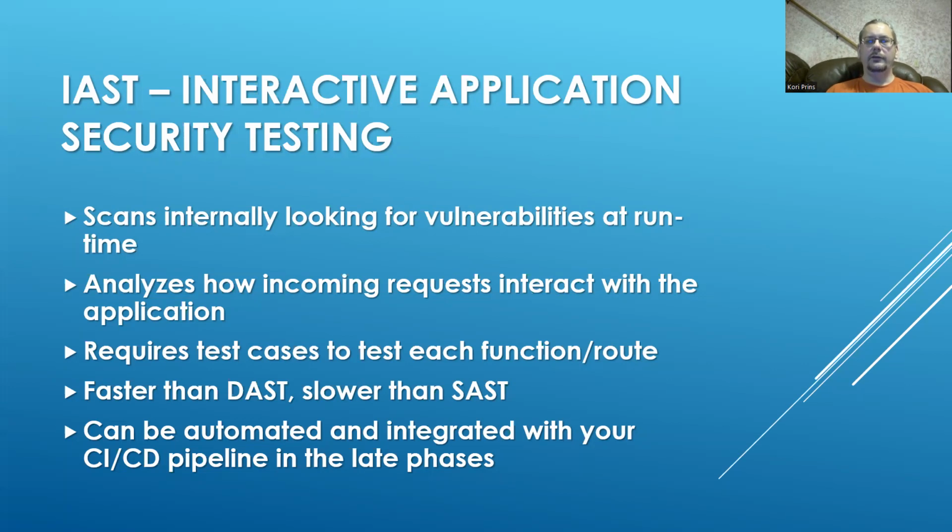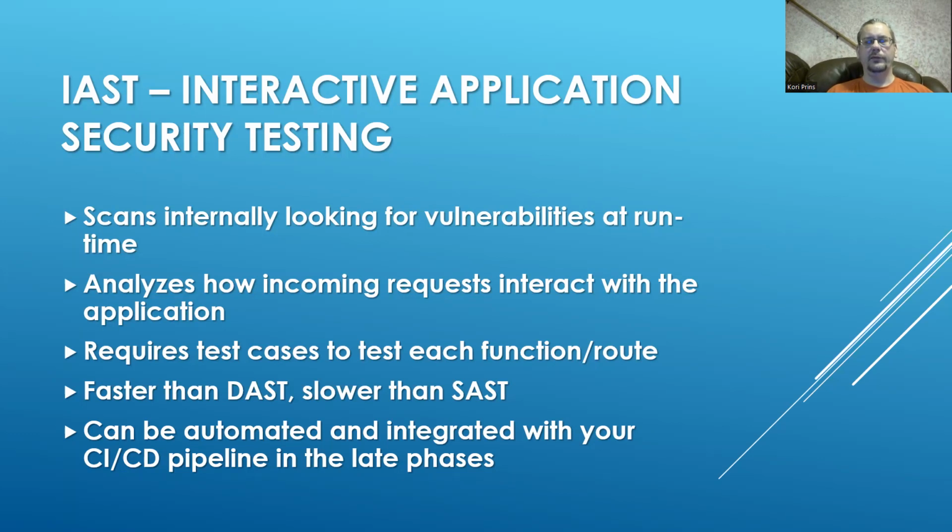It analyzes how the incoming requests interact with the application. So it's able to not only see if an attack type was successful, it's also able to identify where in the code that success was allowed to happen.